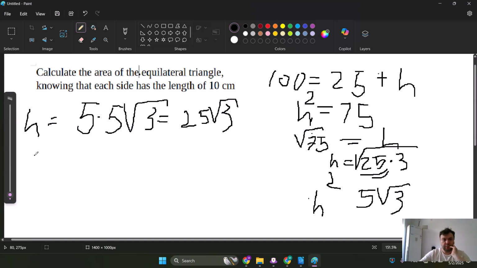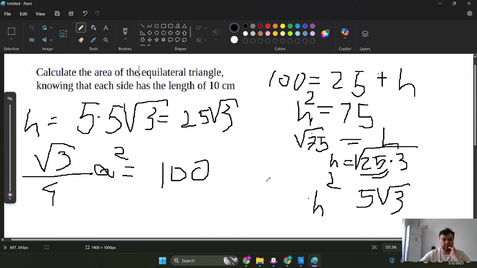Okay, so now let's use the formula for an equilateral triangle. The formula tells us that the area is square root 3 divided by 4 times a squared. So a squared equals 100, because every side of our triangle was 10. So 10 to the power of 2, 10 squared, equals 100.